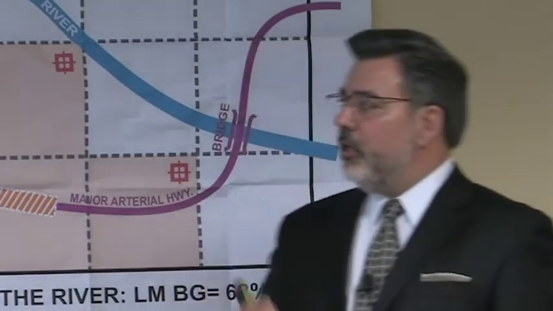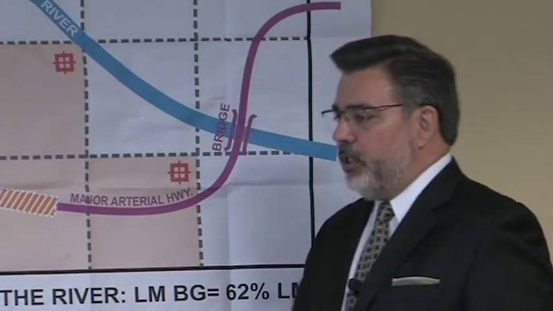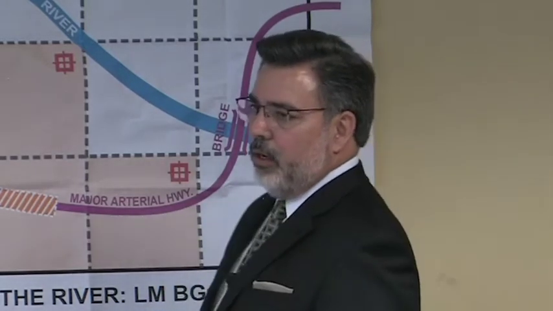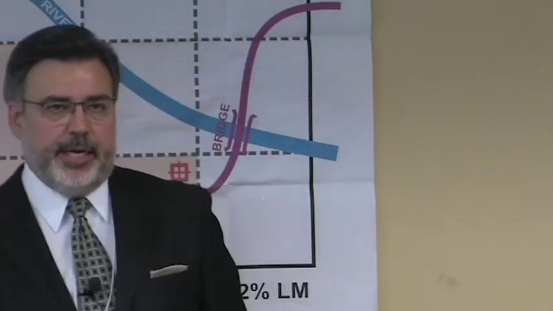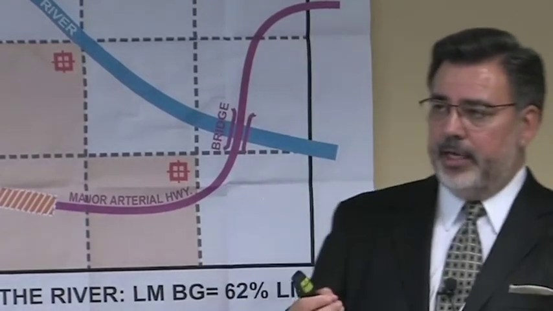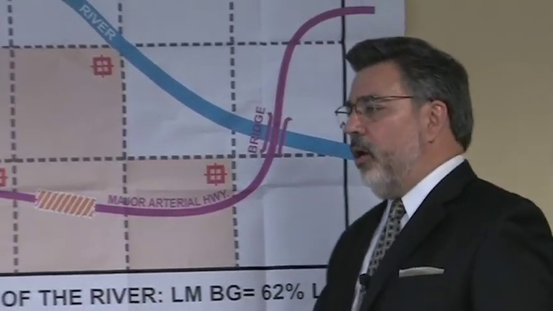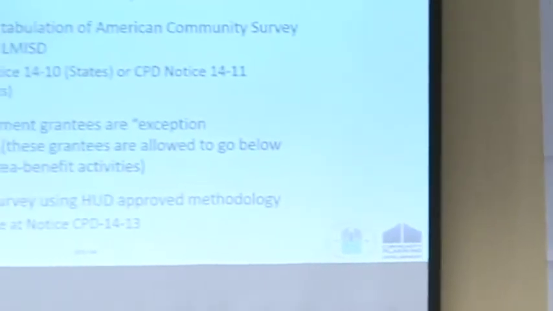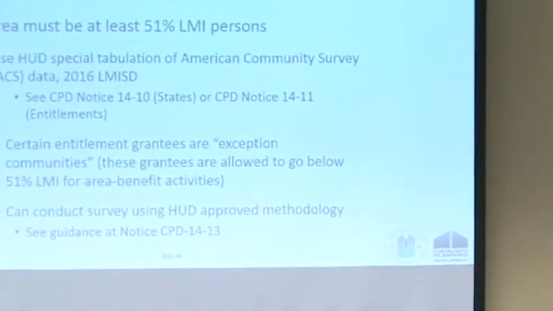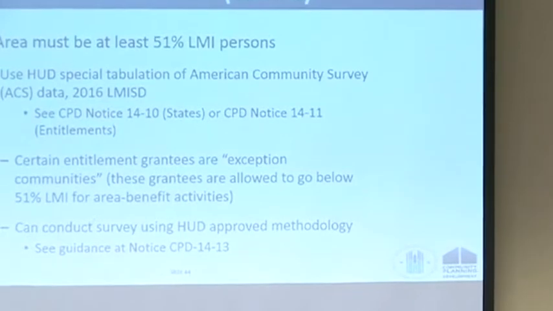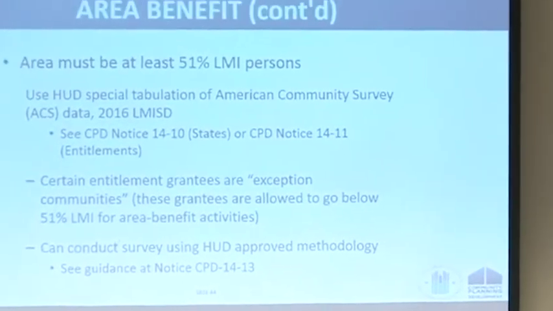Now, as of July 1st of 2014, we no longer are using the census data or the Census Bureau to obtain and utilize for determining our low mod numbers, populations, in the specific census tract block groups. Does everybody know what a census tract and block group is?